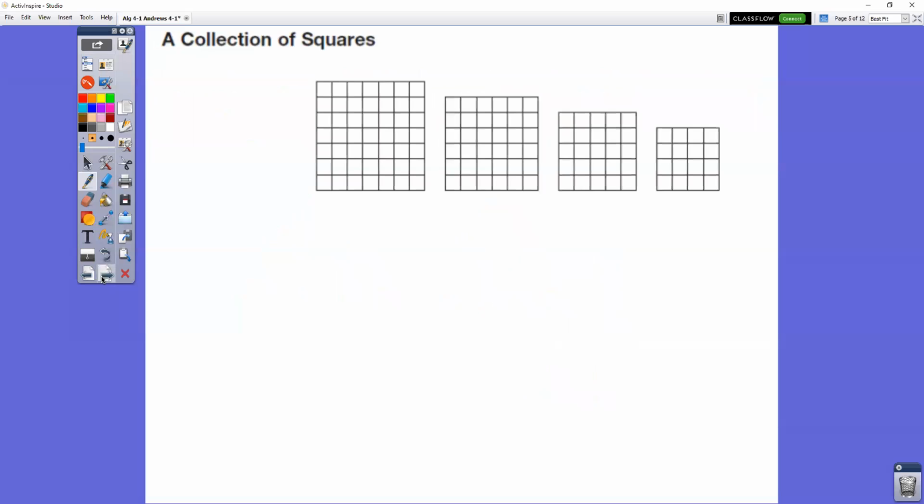Let's take a look at the next one. A collection of squares. Now, when you take a look at this collection of squares, just to save us some time, this one has 49, this one has 36, this one has 25, this one has 16. So what is happening each time?